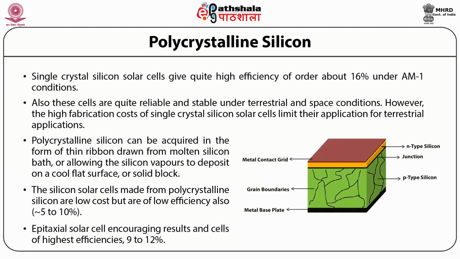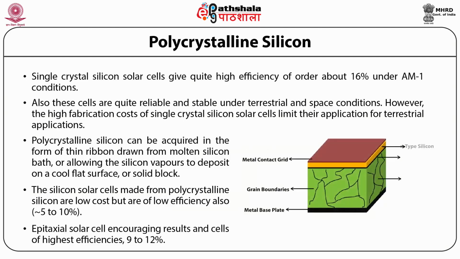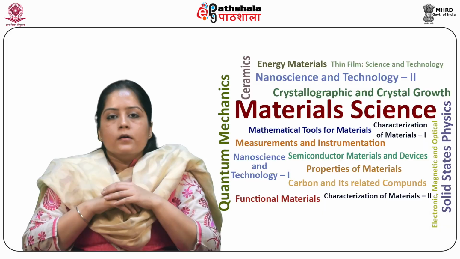Several window materials like tin oxide, indium oxide, and indium tin oxide have been tried with different deposition techniques such as spray deposition, chemical vapor deposition, and electron beam deposition.